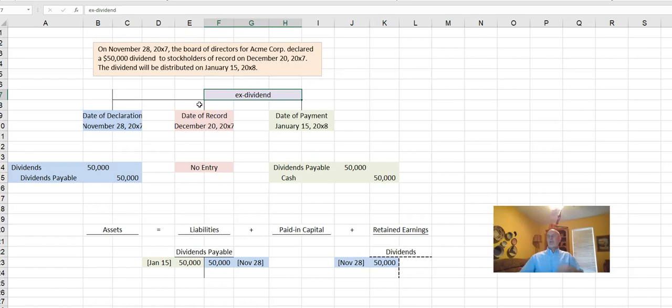Finally, on the date of payment, the dividend checks are actually sent out to the stockholders of record, and we would credit cash and debit the dividends payable. So 3 dates that are important with regard to dividends.